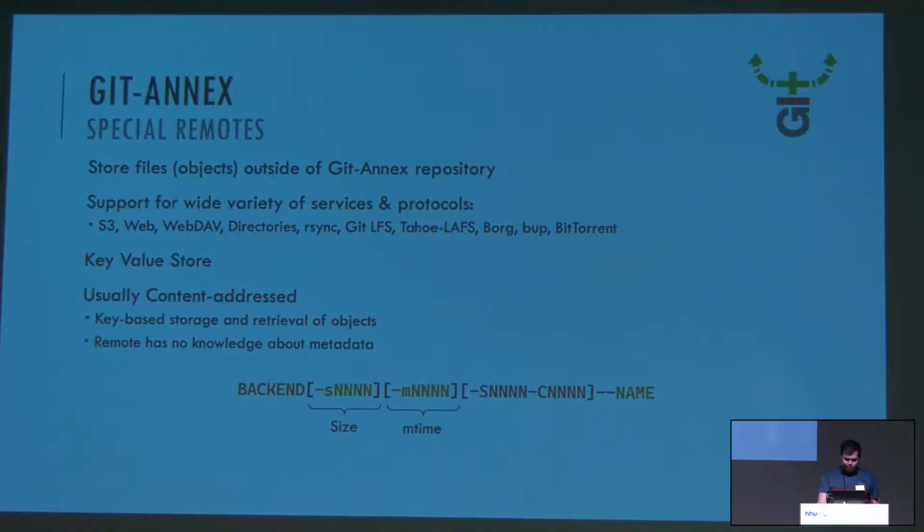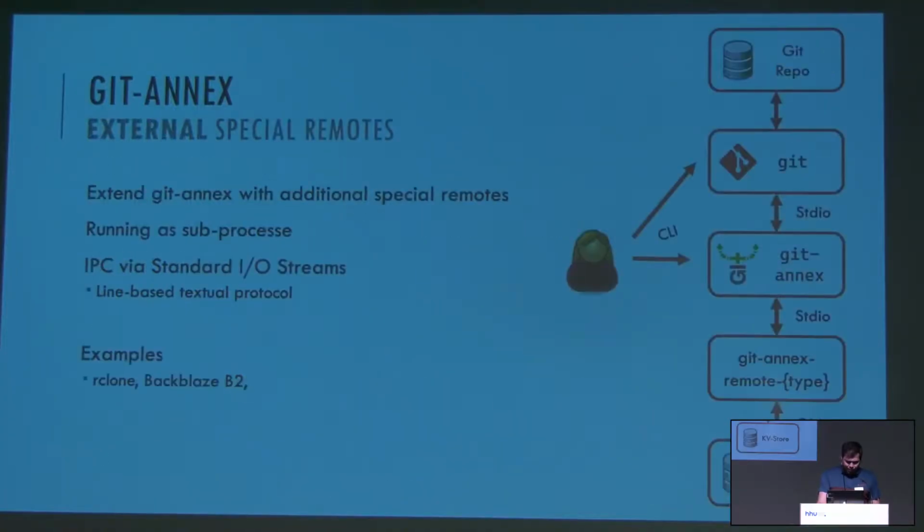More precisely, I'm implementing an external special remote, so that's not part of the git-annex code base, but instead a sub-process or an external application. They are communicating with git-annex over standard I/O and a line-based protocol, which is fairly easy to understand. So I was able to implement my git-annex-remote-tape here, which then talks to my tape drive.